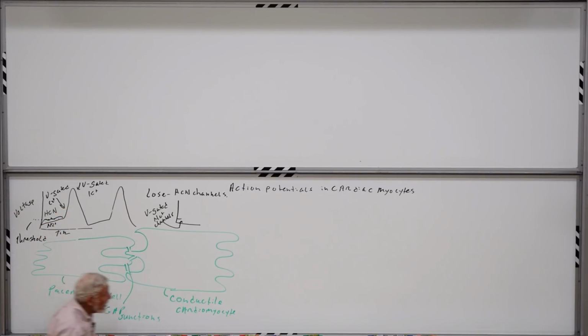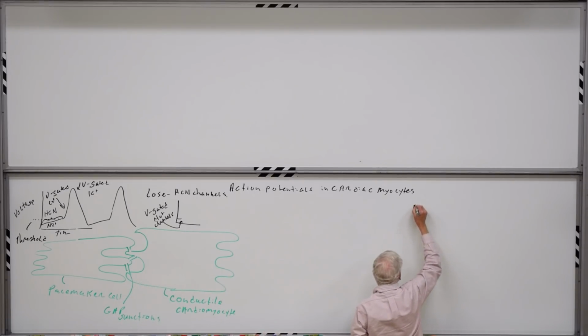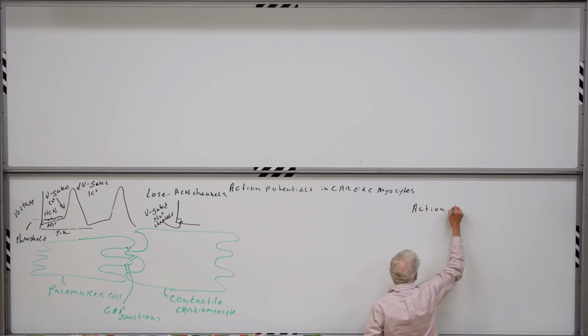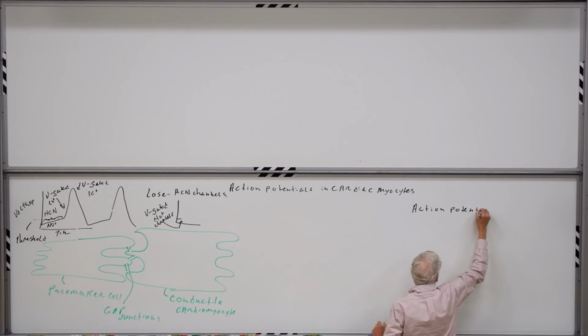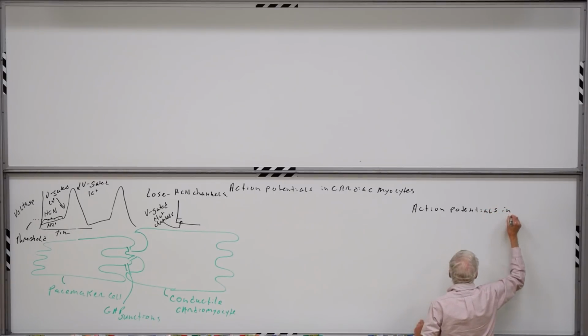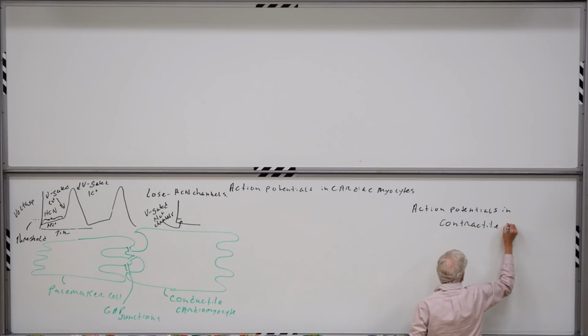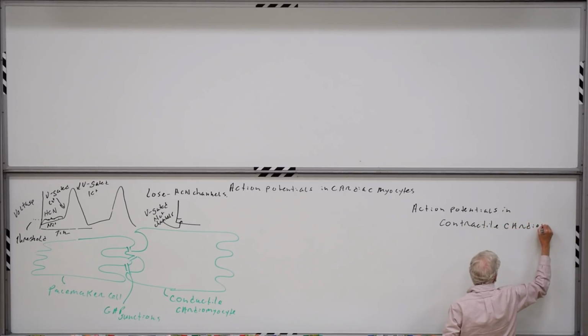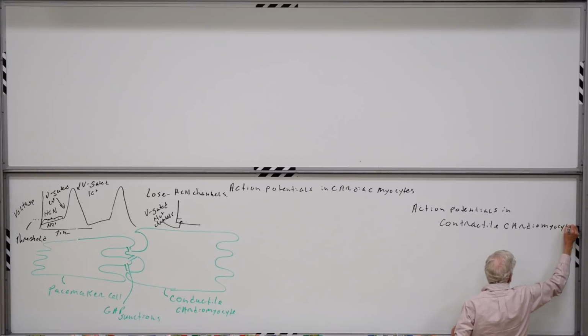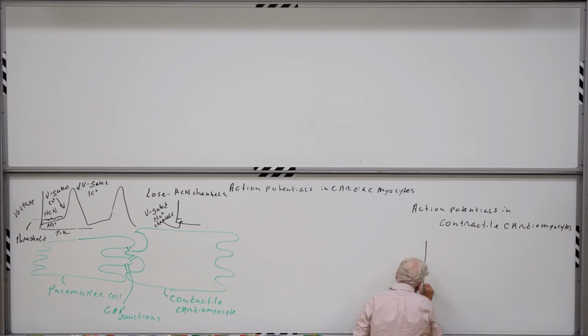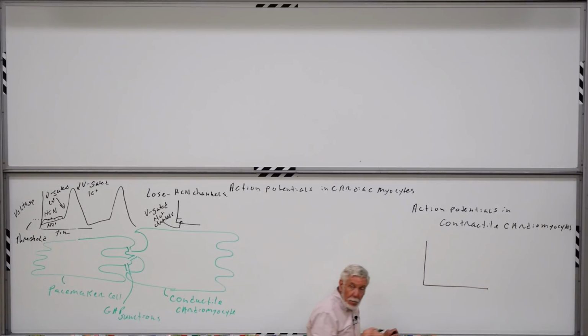But once we get, let me draw this action potential, and then maybe I can explain it better from there. When we look at action potentials in contractile cardiomyocytes, they have a different shape and duration than we see in those conductile cells.